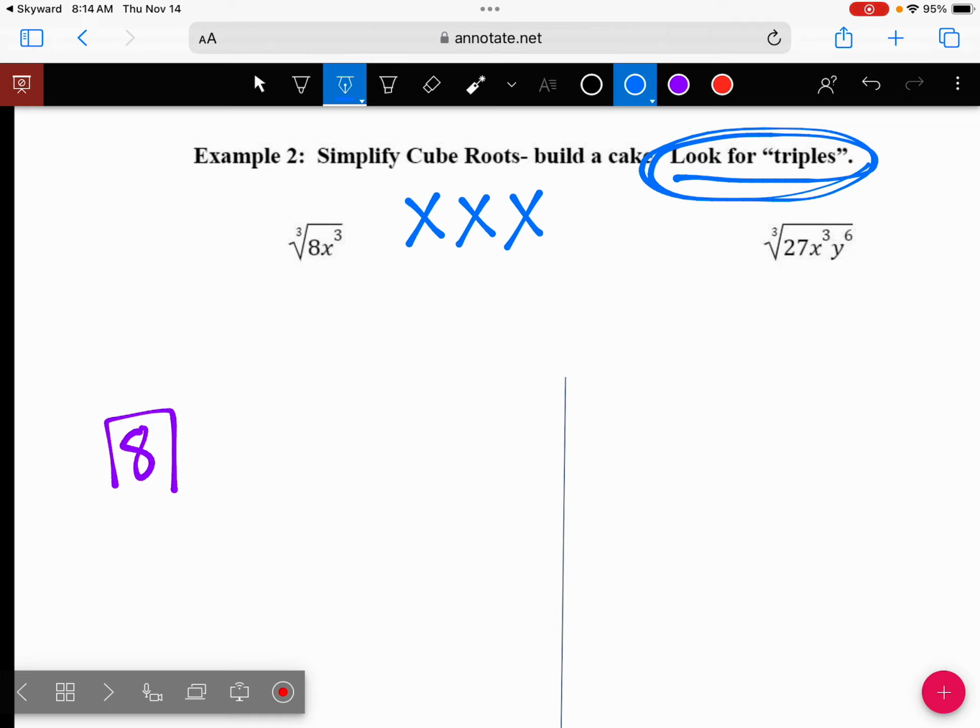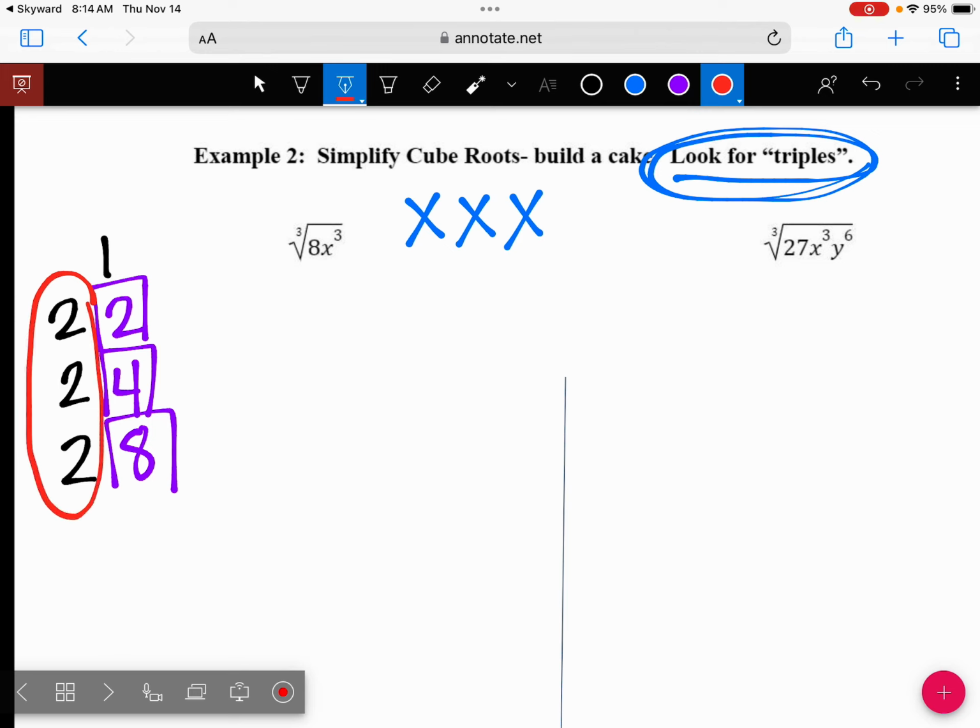So those are the prime numbers on the board. We're going to start dividing by them. So we're going to divide it by 2. 2 goes into 8 4 times. 2 goes into 4 2 times. 2 goes into 2 1 time. So now we're looking for a group of 3. So here I have one group of 3.